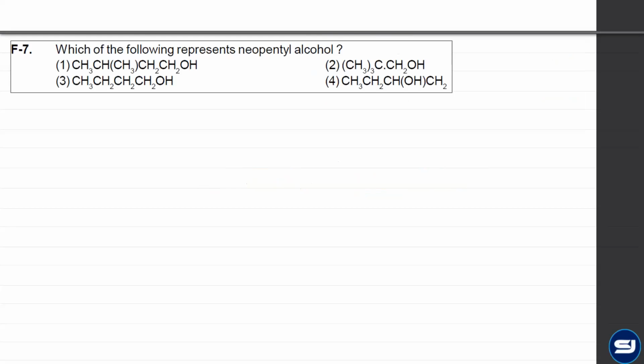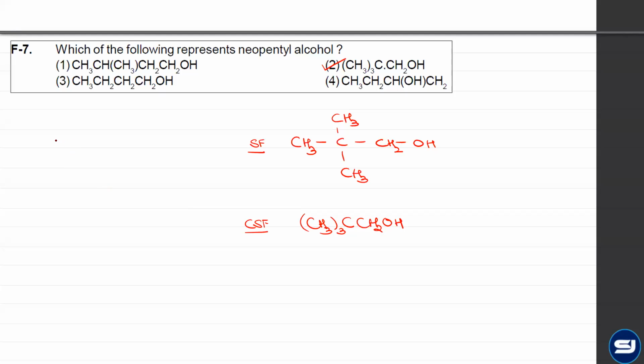Next, which of the following represents a neopentyl alcohol? 3-methyl butanol.